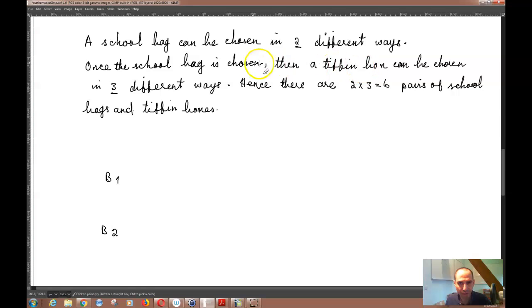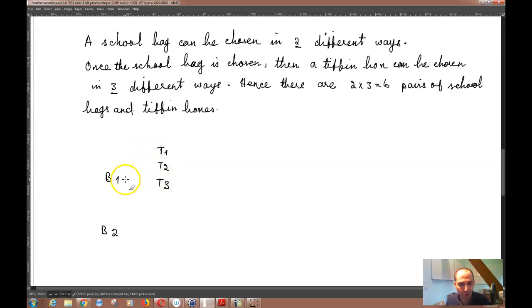A school bag can be chosen in two different ways, right? One way and one way, two different ways. Then once I choose the school bag, I want to choose my tiffin box, so I write T1, T2, or T3 here.